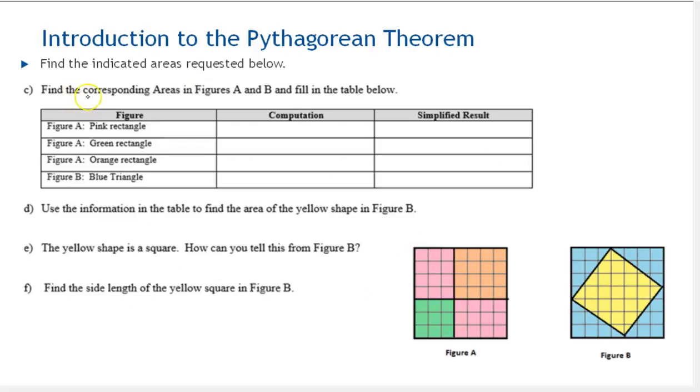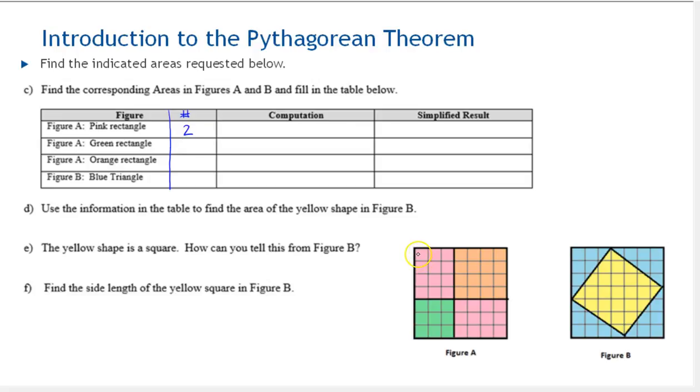Now we're asked to find the corresponding areas in figure A and B and fill in the table below. First we're asked to find the area of a pink rectangle in figure A. Here's figure A. Notice there's two pink rectangles. I'm going to add a little column here and note the number. There's two pink rectangles, okay?